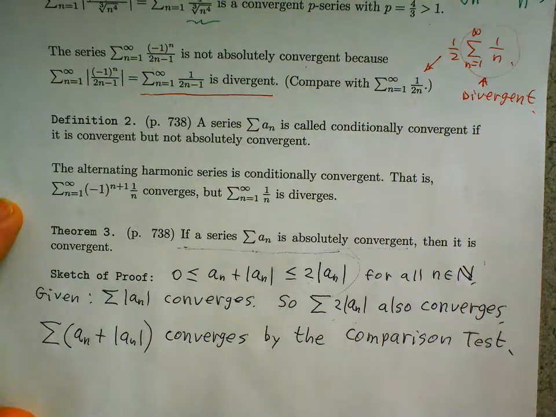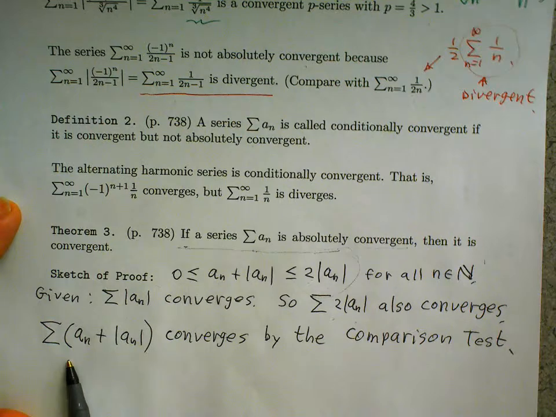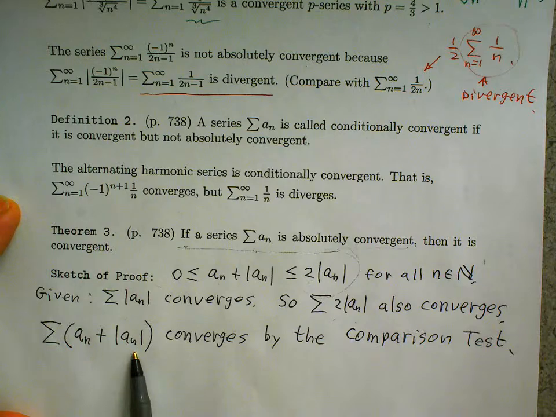Okay, so the series of the absolute value of a sub n converges, and the series of a sub n plus the absolute value of a sub n also converges.